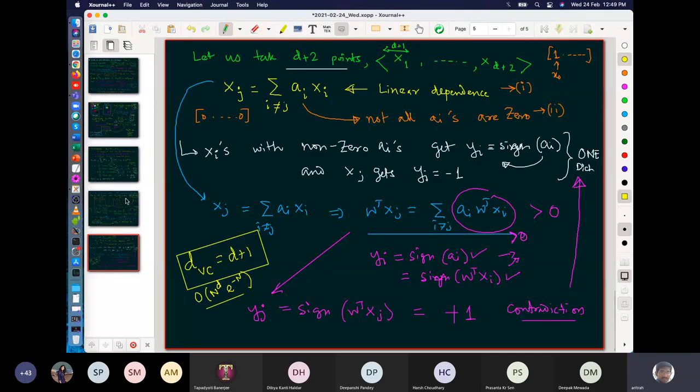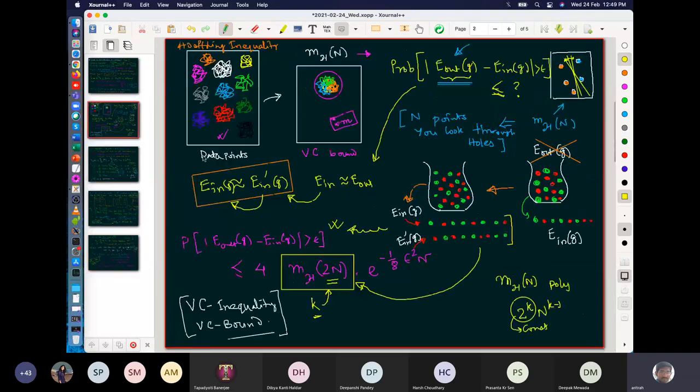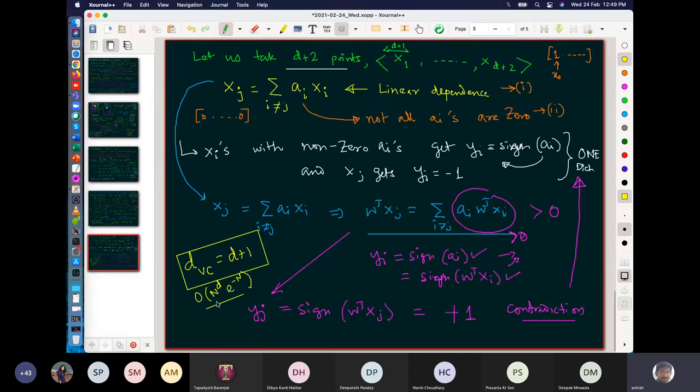Because my generalization bound suggests the order is this. So I can say that I am bounded in my generalization by this factor, though I can take infinitely many possible hypotheses.